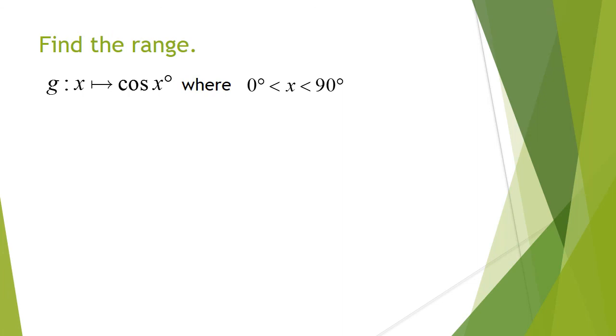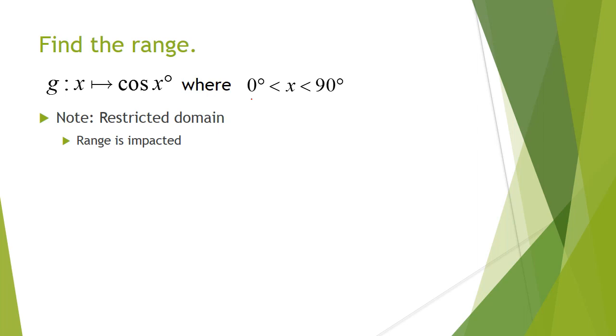Sometimes we're asked to find a range when we've been given a function, in this case g, with a restricted domain. And what I mean by that is cosine of x goes on infinitely, but we're only looking at it from 0 to 90 degrees. Because of this fact, we also have a restricted range. Our range is based on our domain.